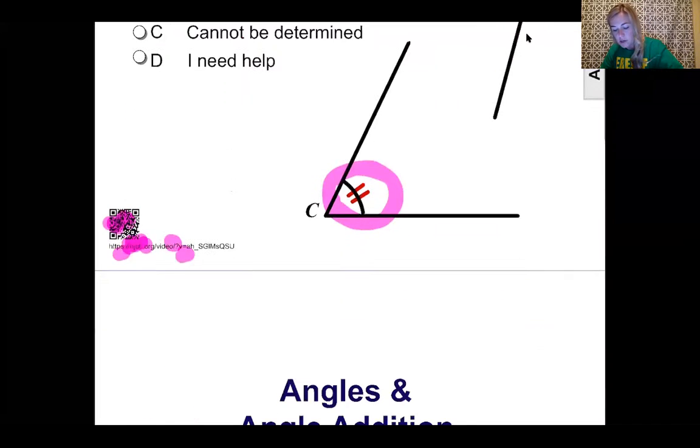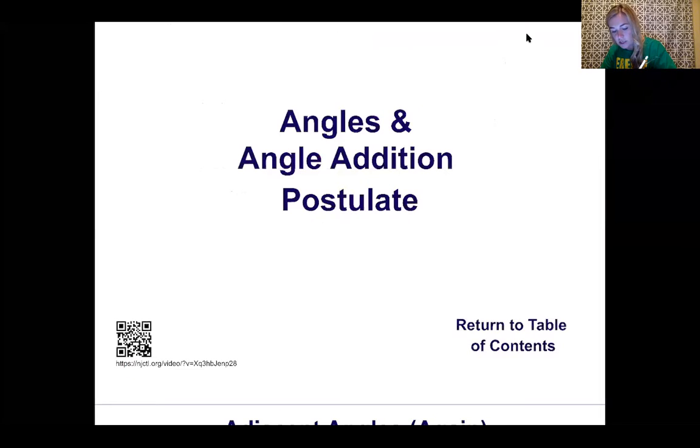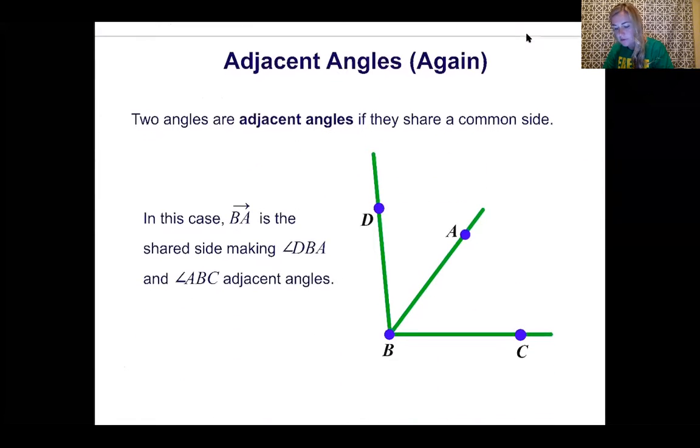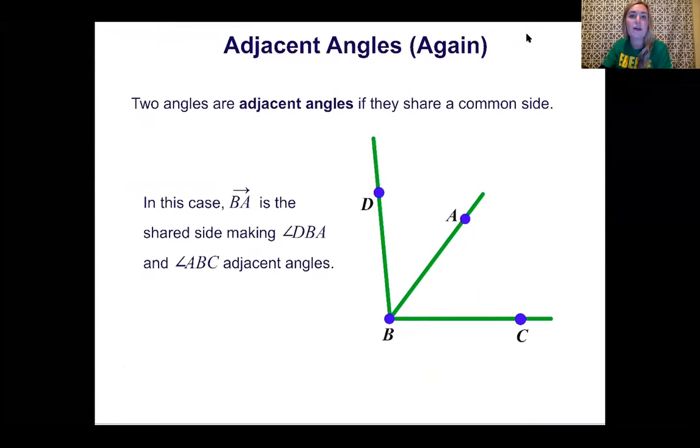Okay, so now we're going to talk about angles and the angle addition postulate. I'll give you a second to digest this. We've talked about adjacent angles before, so this should be a review. Adjacent angles are angles that are next to each other.